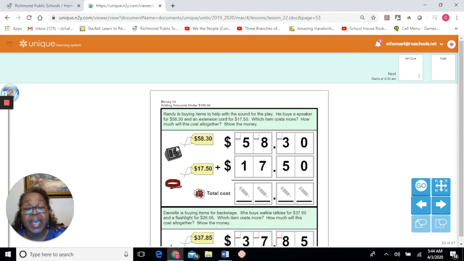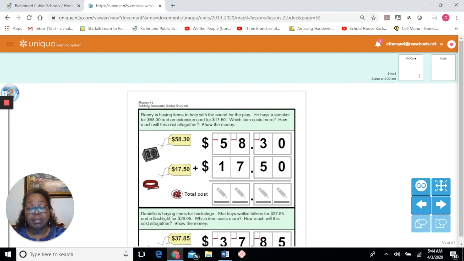Now we have to add these numbers together. Always, it says which items cost more. How much will this cost altogether? So we know that the operation is addition. We always start in the ones place. 0 plus 0, easy, 0.